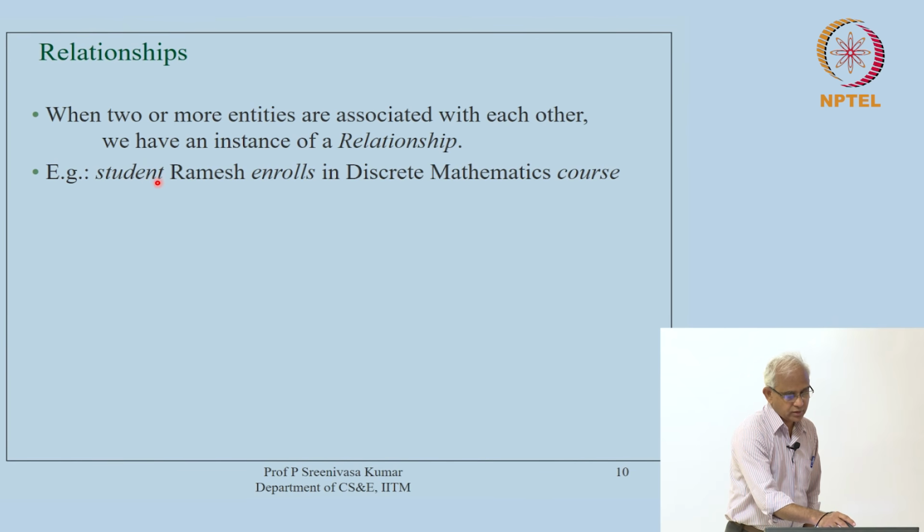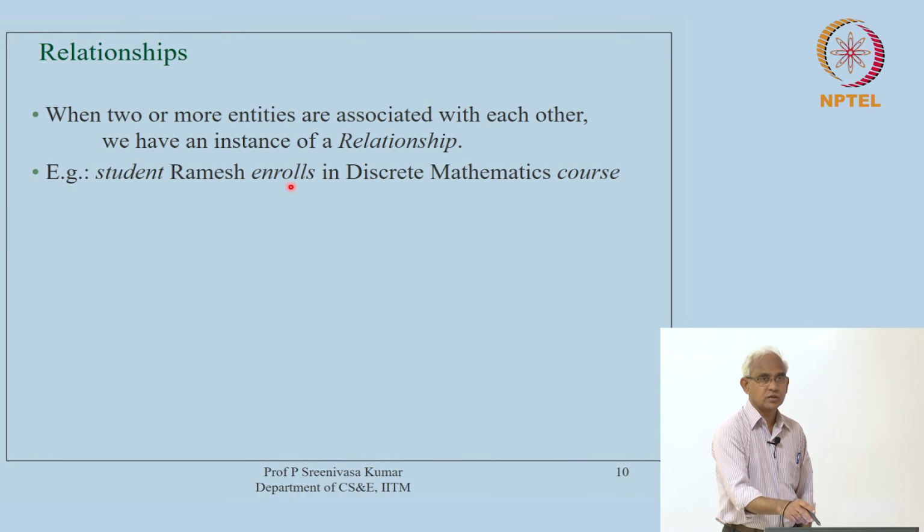Student is an entity type, Ramesh is, let us assume that we are talking about one particular individual, and discrete mathematics is a course, and enrolls is this association between these two entities. This is a potential name of a relationship, enrollment or enrolls.